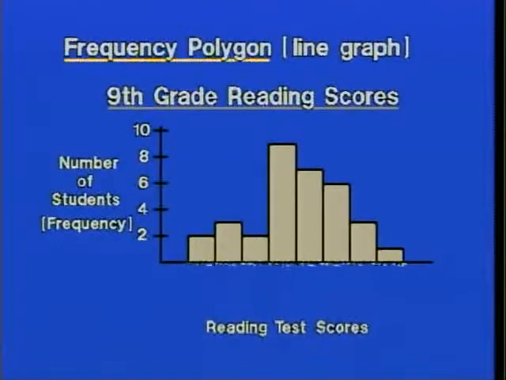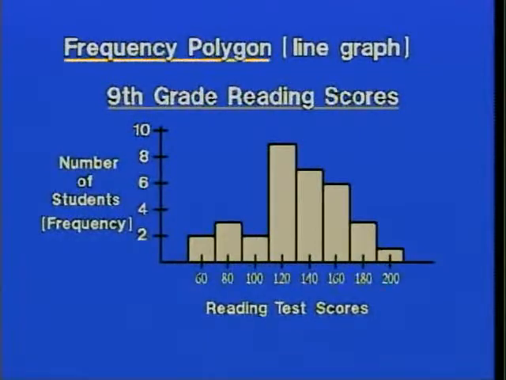All we need to do is identify midpoints of all of the classes that we have listed at the bottom of the graph, and I have identified midpoints for all of these. And then from those midpoints, just identify a point at the top of the bar from those midpoints, kind of like this.